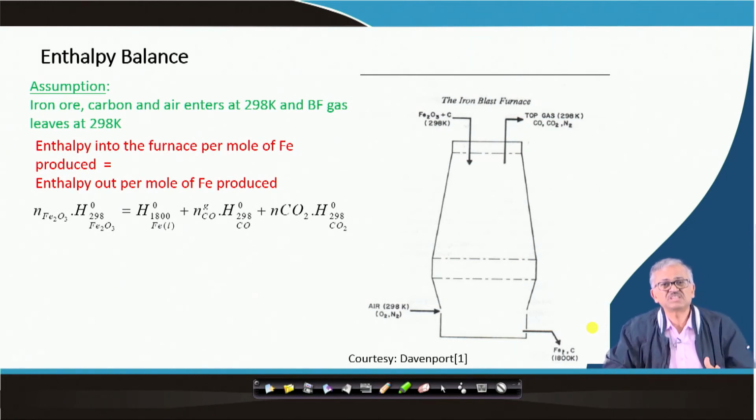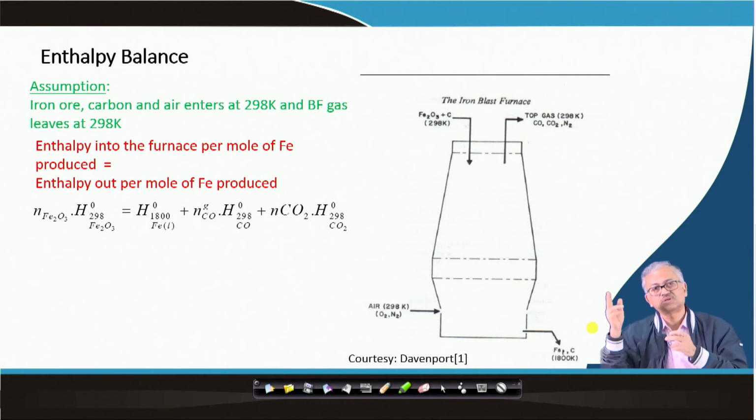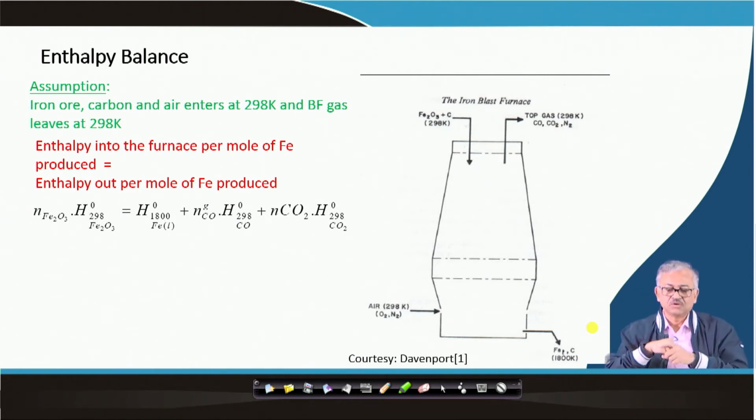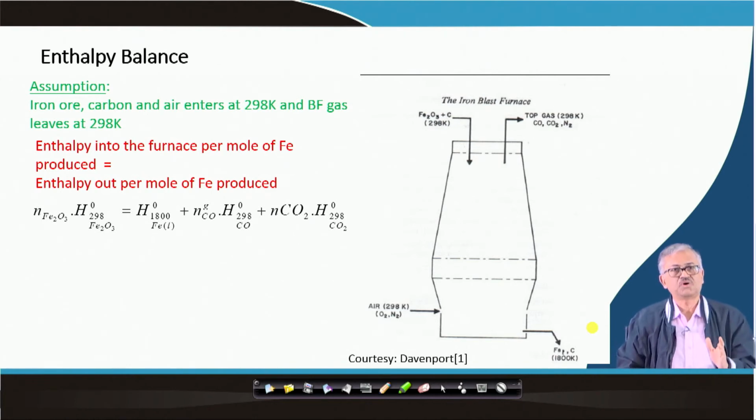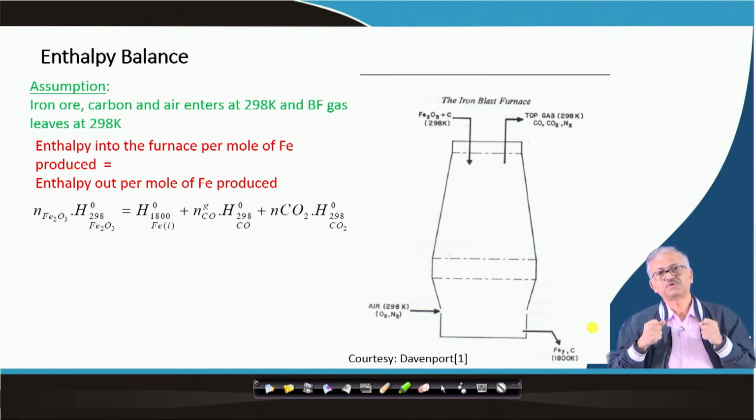Now, on the left hand side we have not considered any other enthalpy, because the carbon also enters at 298 and mostly leaves as gas at 298. So, carbon input at 298, output also at 298. We are not considering the air, the oxygen and nitrogen, entering through the air, because it comes in at 298 and leaves at 298. So, the only enthalpy input we have considered is the Fe2O3, because some amount of heat has to be supplied for the decomposition of Fe2O3.